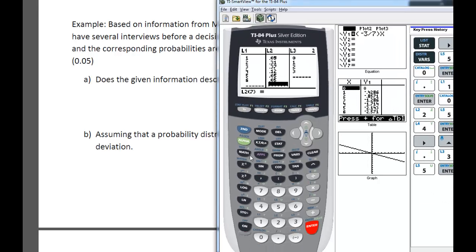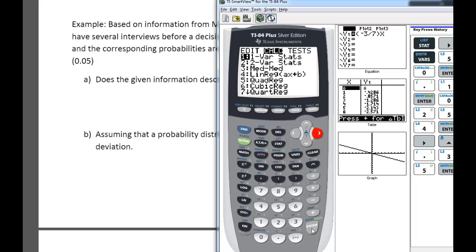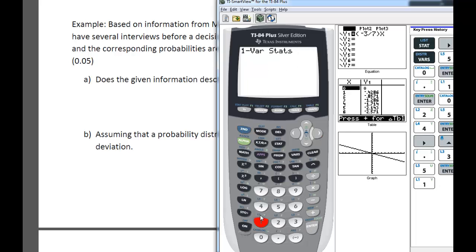Okay, and so we'll do Stat, Calc, one variable stats. I'm going to do second L1, comma, second L2. Okay, and so X bar is 2.9, or we could say 2.88.